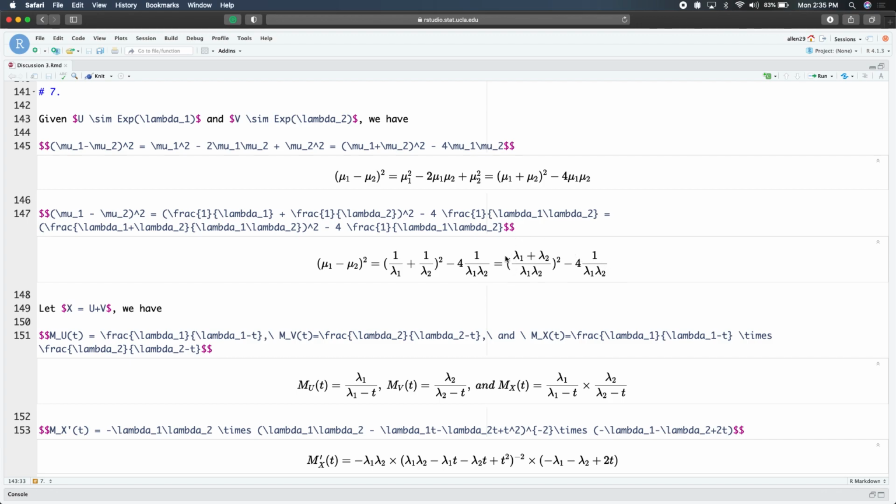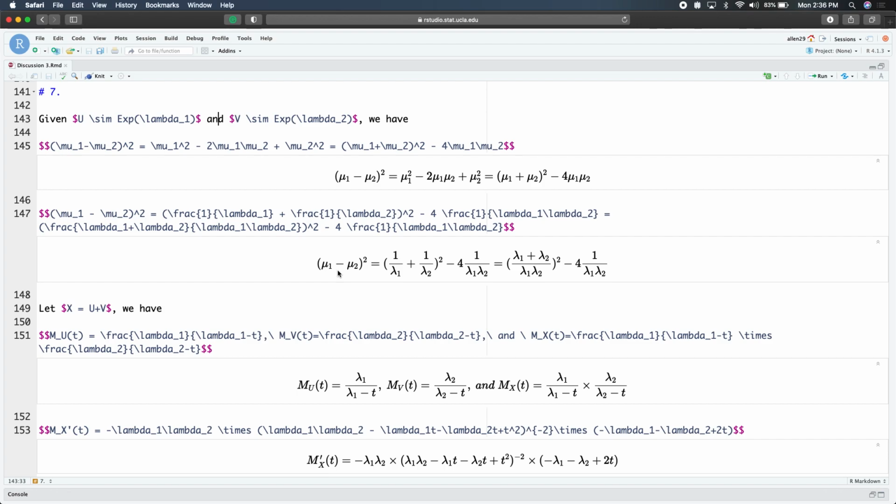So once we rewrite our quantity of interest from the question into this form, I can just solve for lambda 1 plus lambda 2, and then lambda 1 multiplied by lambda 2. Once I have those quantities, I can directly plug into this, and it will give me mu1 minus mu2.